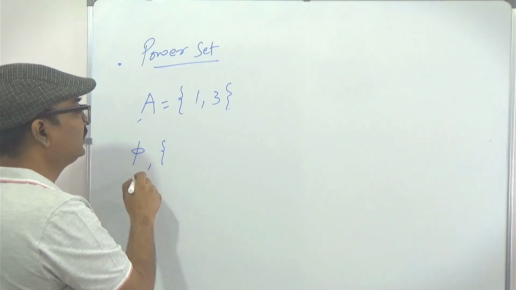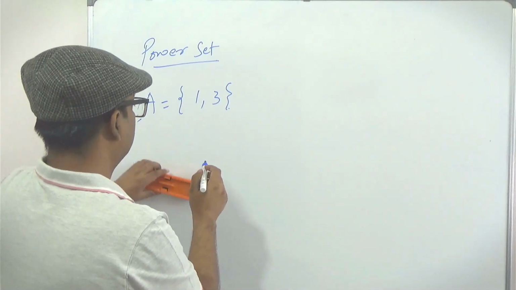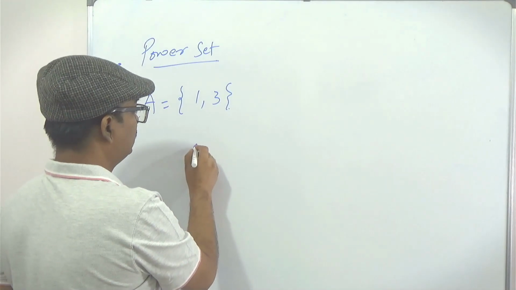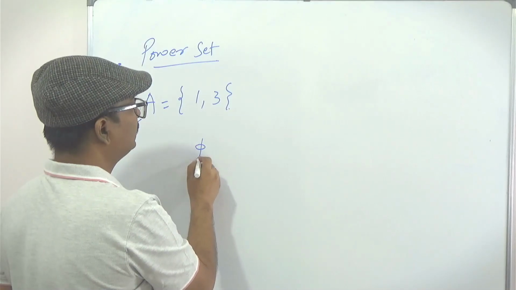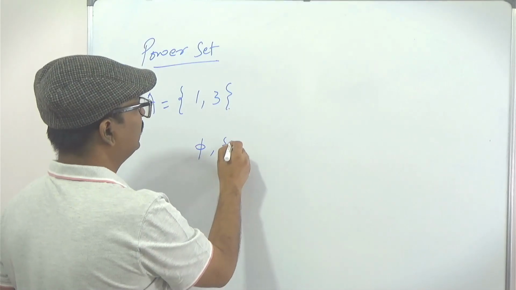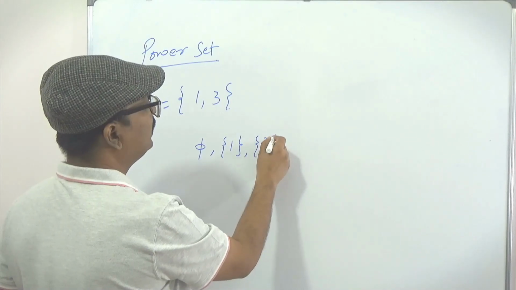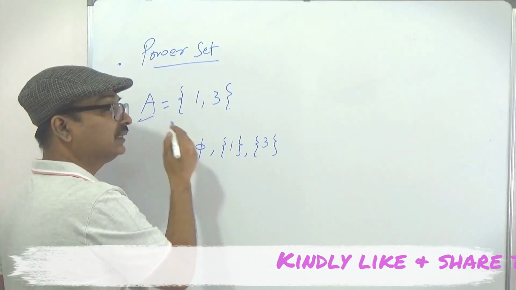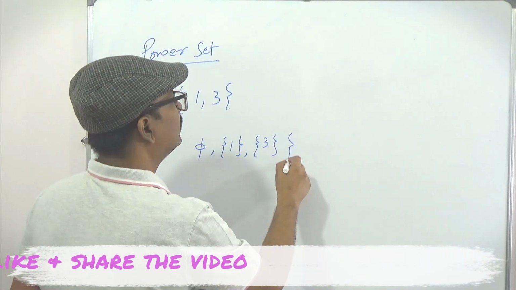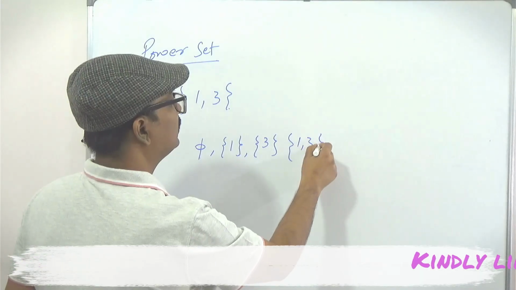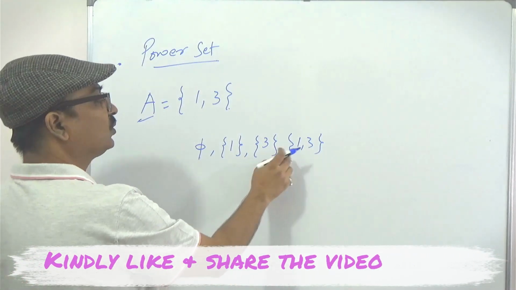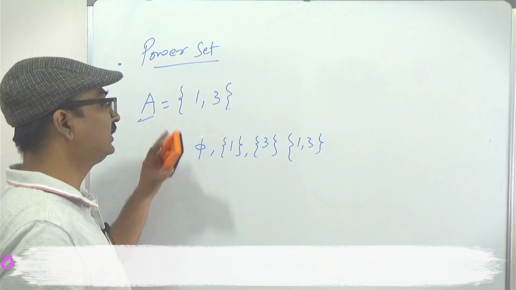Second will be {1}. Then the third one will be {3}. And then every set is a subset of itself, so {1, 3}. So these are the 4 subsets of this set A.